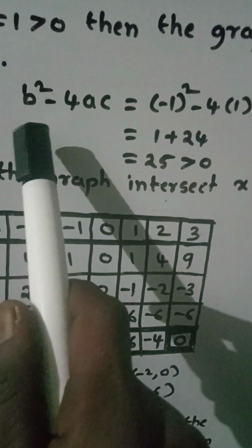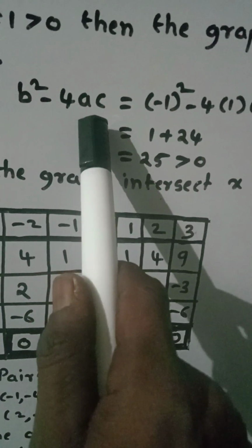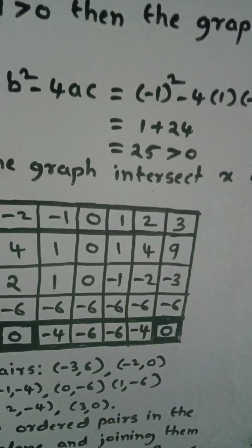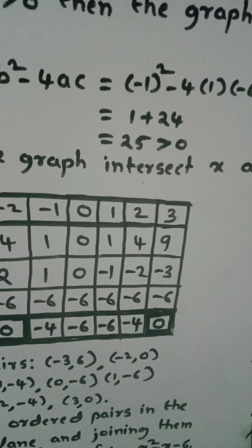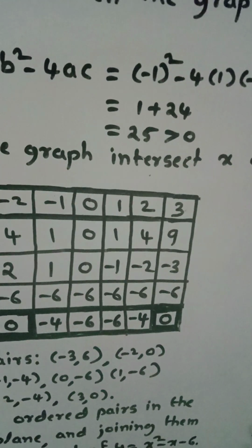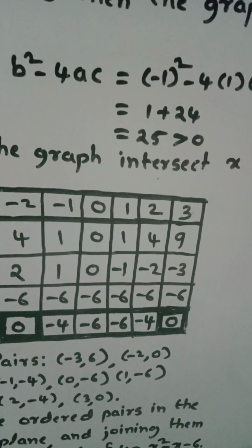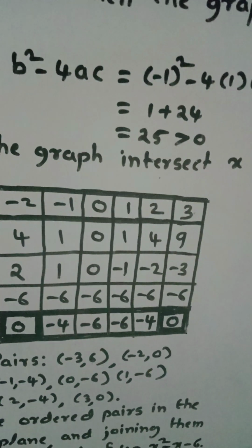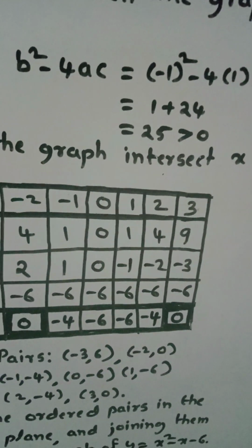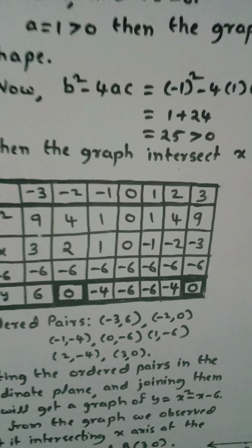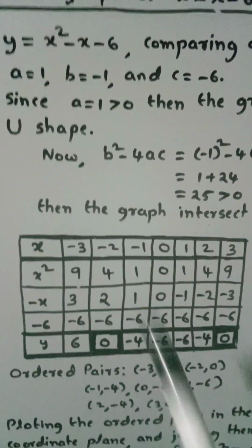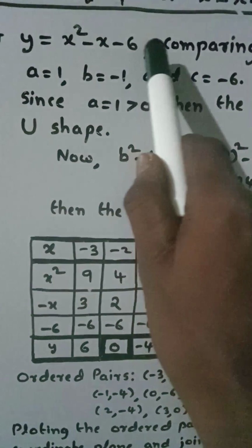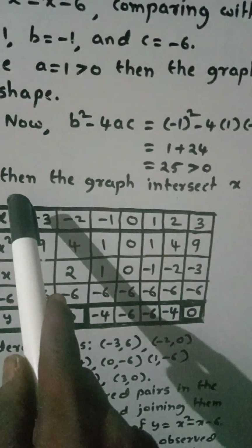If it is a negative number, the graph does not intersect the x-axis anywhere, so we write directly that it will not have any real zeros.